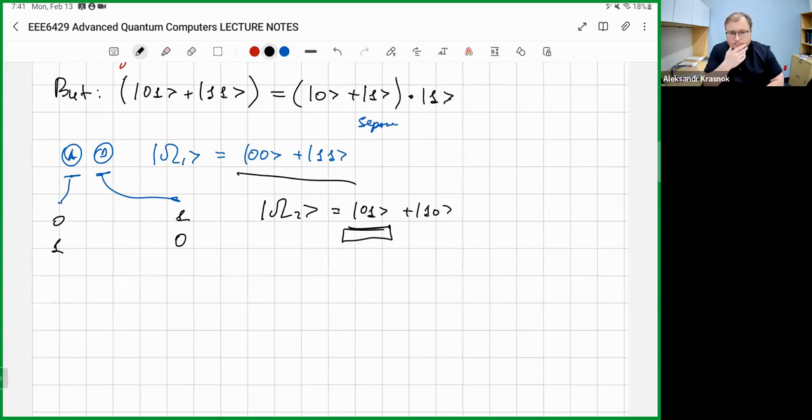Here you can. So this is the important difference between correlation and entanglement. All right. Let me stop the recording.